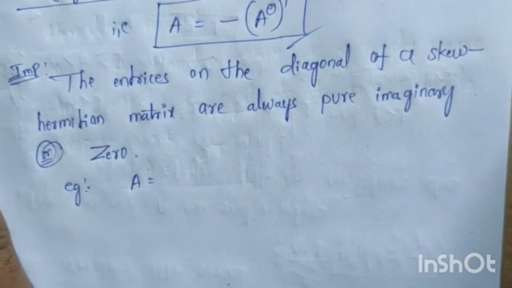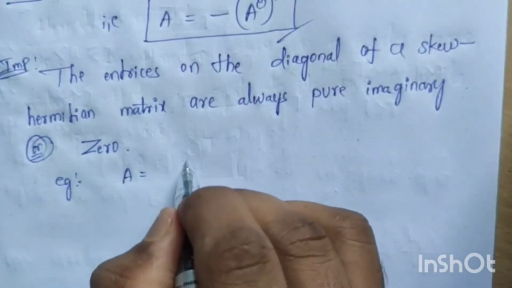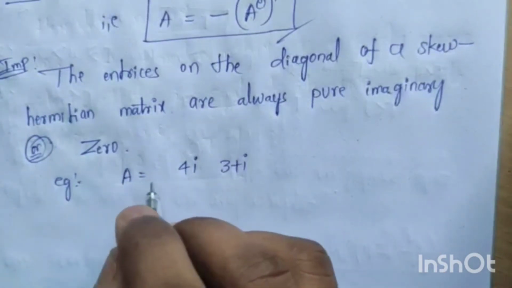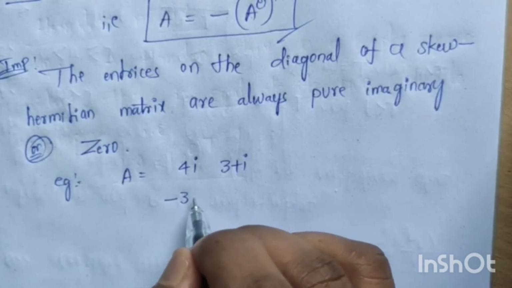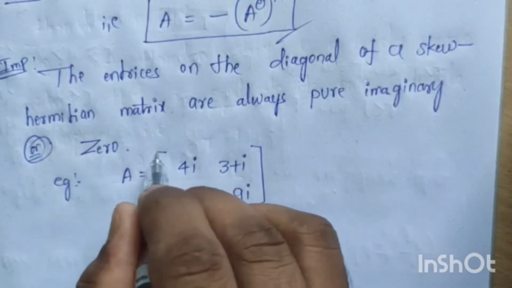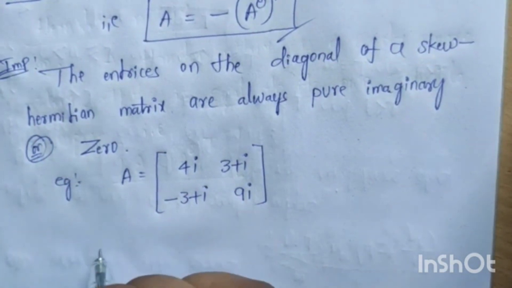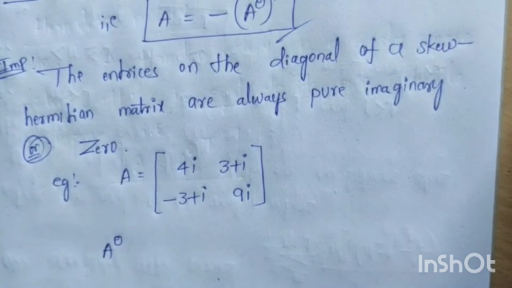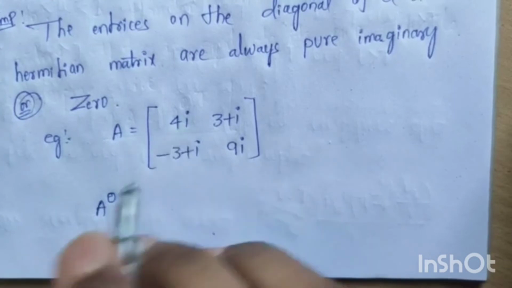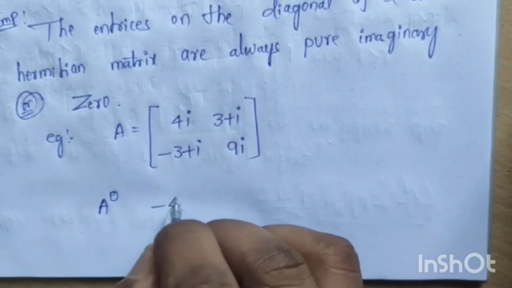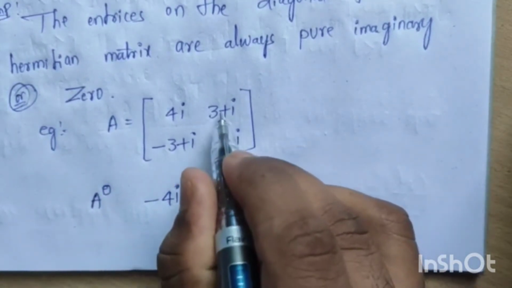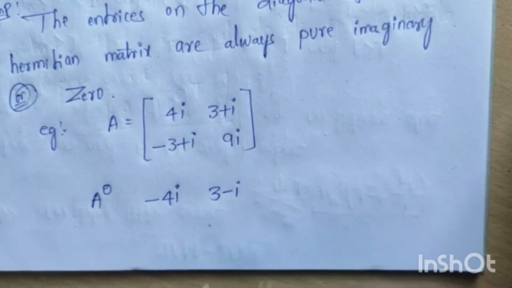Take down the example: A equals first row 4i, 3 plus i; minus 3 plus i, 9i. It is a 2 cross 2 matrix. Take A conjugate. In the first row, 4i becomes minus 4i, and 3 plus i becomes 3 minus i.